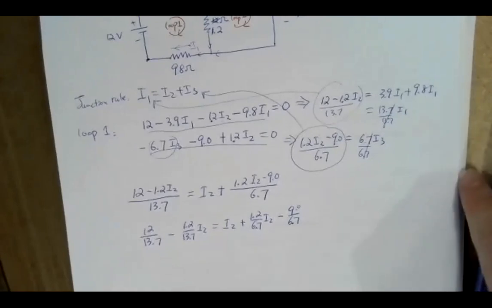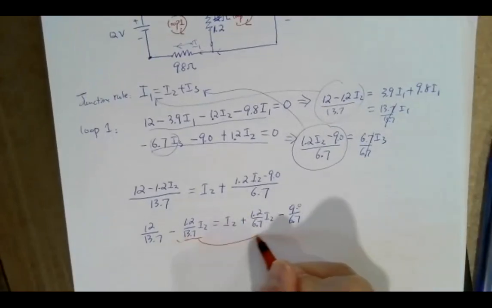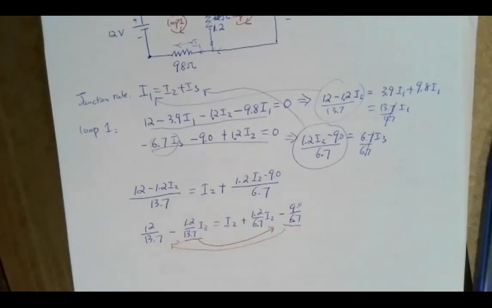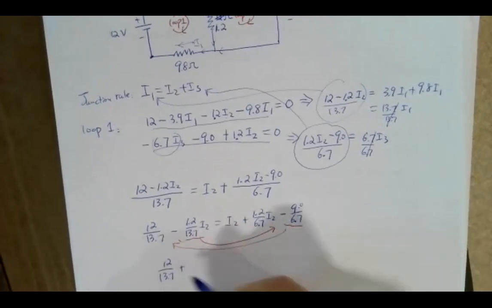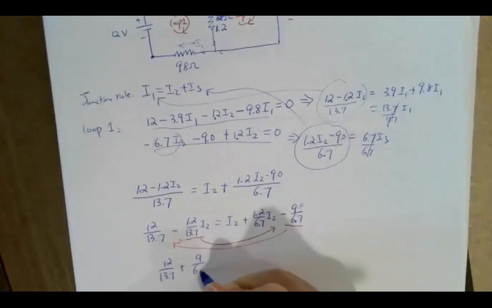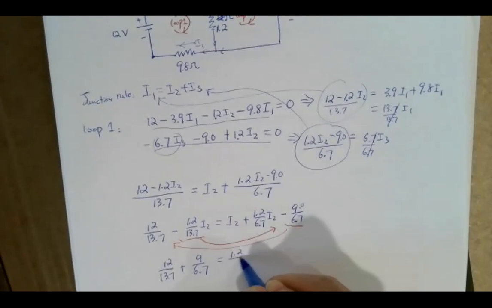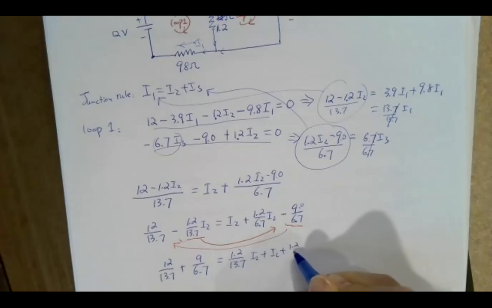To solve for I2, you'll move I2 to this side and move this term to the other side. So then you get 12 over 13.7 plus 9 over 6.7 equals, those three terms add up together, 1.2 over 13.7 I2 plus I2 plus 1.2 over 6.7 I2.